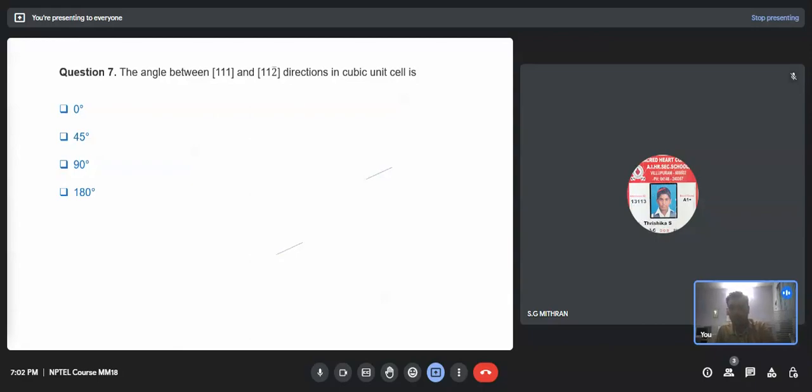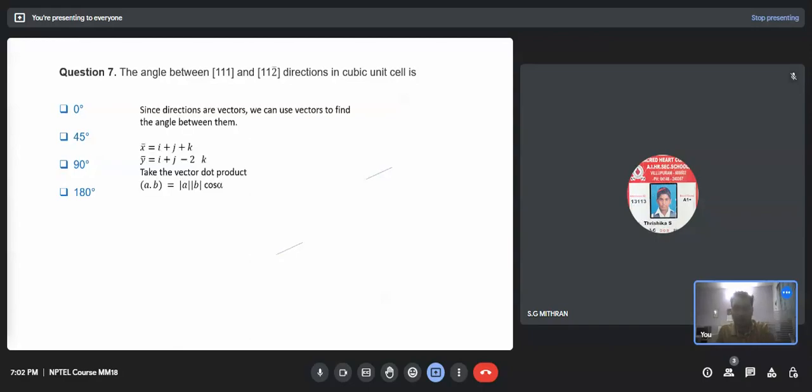Before that, we have to know how to calculate the angle through direction vectors. Since directions are vectors, we can use vectors to find the angle between them. So here I am taking 1 1 1 and 1 1 minus 2.